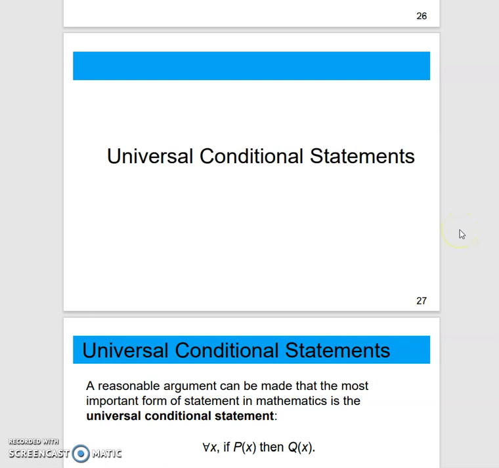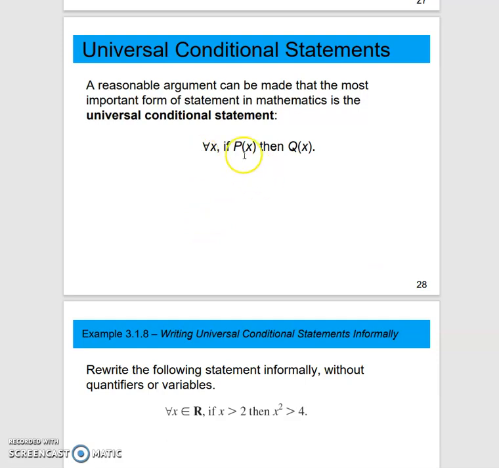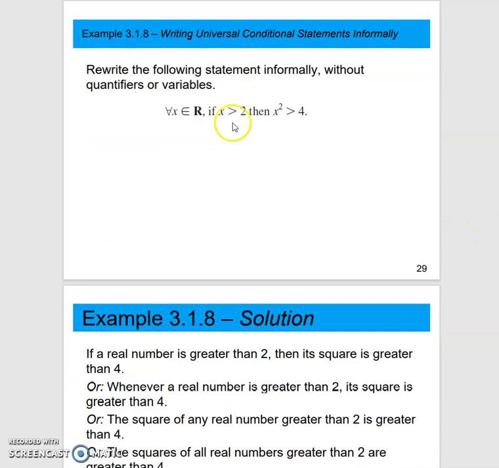All right, let's get some universal conditional. A universal conditional, we've got the if-then, but you'll notice in front of it, I've got that for all x. So here is my very formal way of writing this. I have for all x in the real numbers, if x is greater than 2, then x squared is greater than 4.